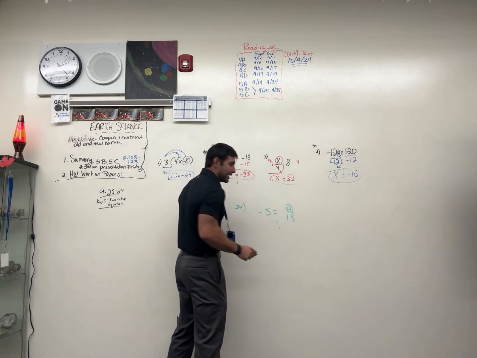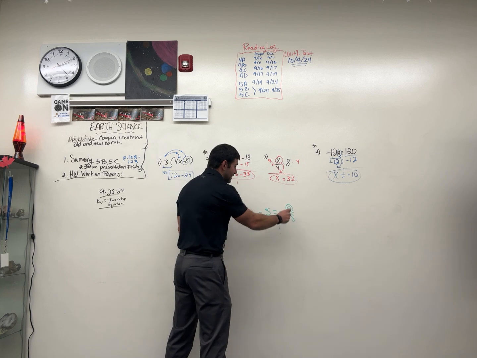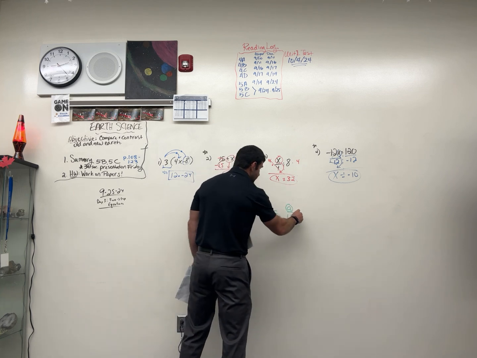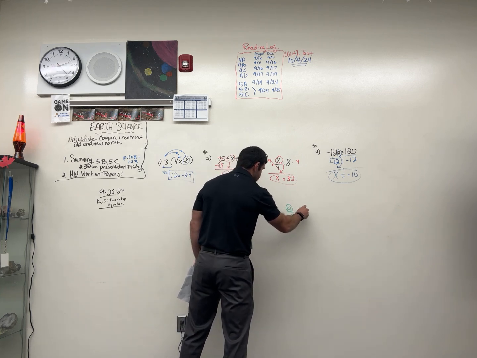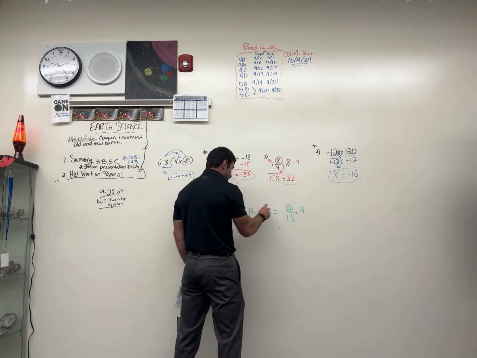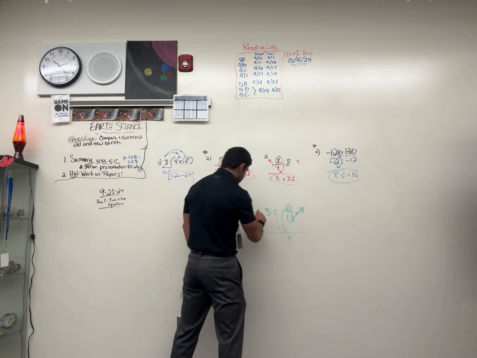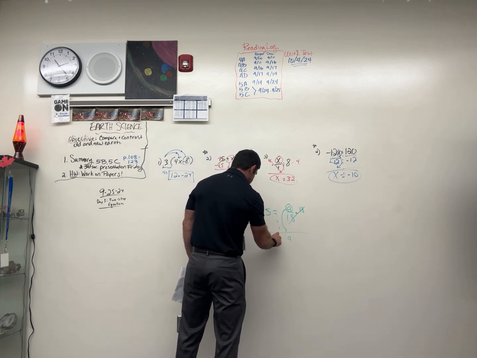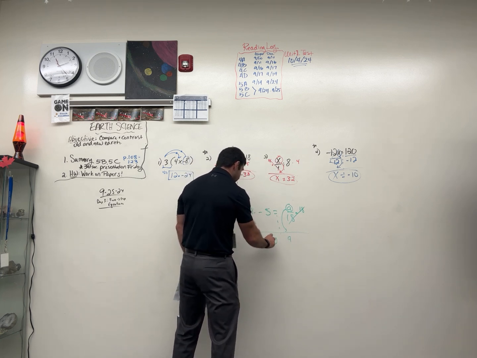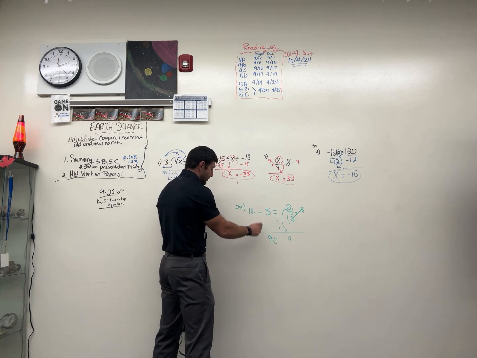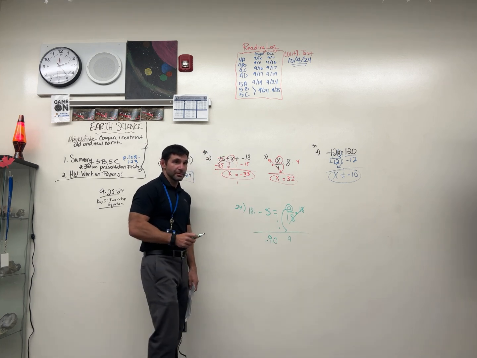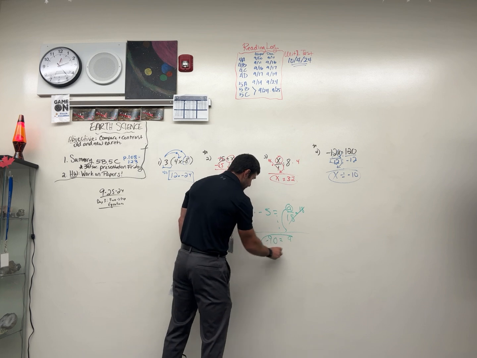The goal is to find that a, right? On the same side that a is a divided by 18, which means I need to multiply both sides by 18. A comes down. 5 times 8 is 40, carry the 4, that gives me 90, but positive times a negative is negative. That's how I'm getting a equals negative 90.